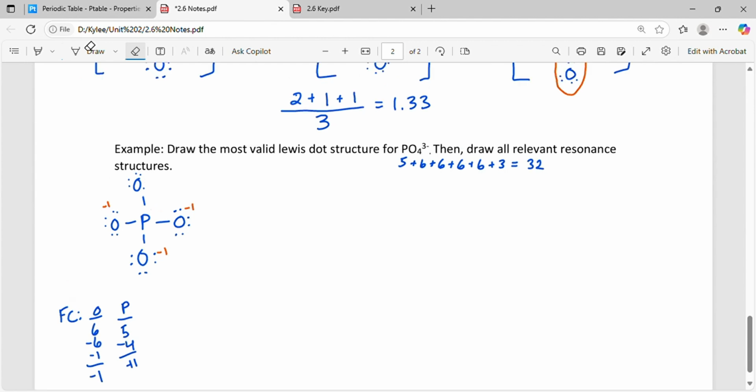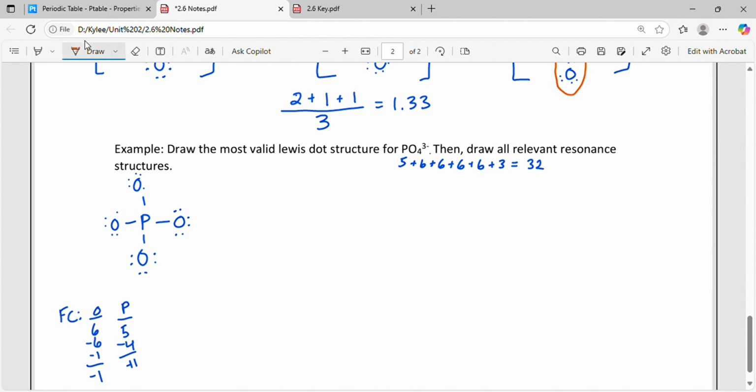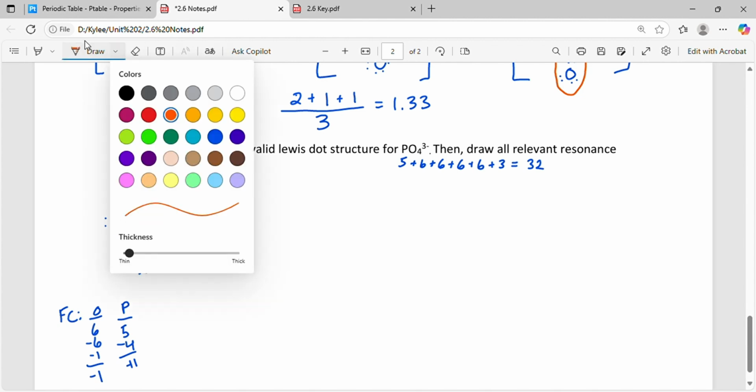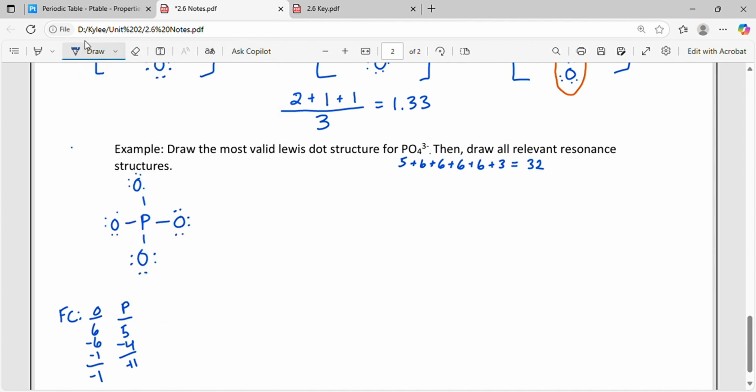It's because you might have remembered from yesterday, we watched the 2.5 video, that I mentioned that phosphorus can have what's called an expanded octet. And so what I want to know is, what if I took one of the lone pair electrons off one of the oxygens and made it a double bond? The oxygens that didn't change are still -1.